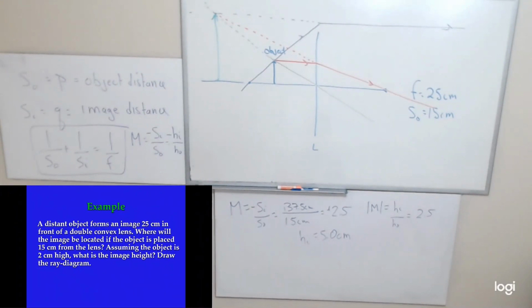If you have a convex mirror or a double concave lens, the image will always be virtual. So you need to understand these things. You need to understand the characteristics of the image formed. Now granted, this is just with one optical element. We're just talking about one optical element here.